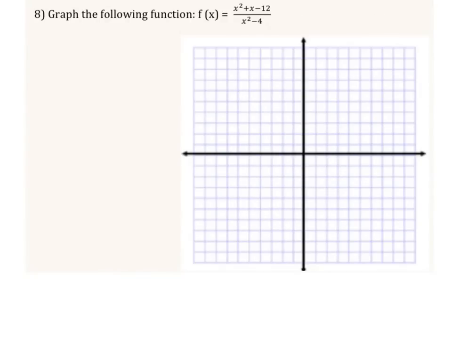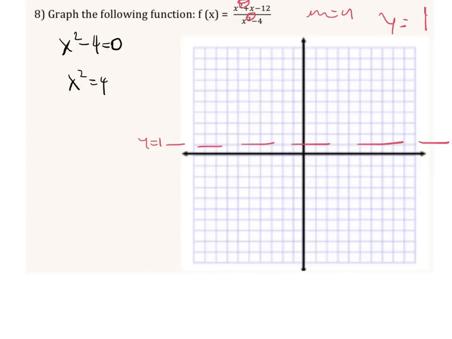Okay, we want to graph the following. Looking at the numerator and denominator, we get m equals n, which means that y equals the ratio of the coefficients, or 1 in this case, is our horizontal asymptote. We want to find the verticals, and we're going to do that by taking the denominator, setting it equal to 0, and solving.